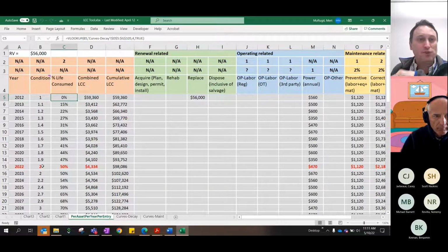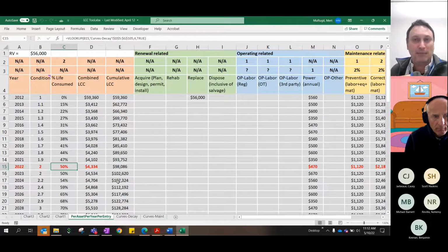A condition of 2 for one asset may mean 50% of life consumed, whereas for another asset, it may mean 70% of life consumed, for example. So this is where we start differentiating between different asset types.